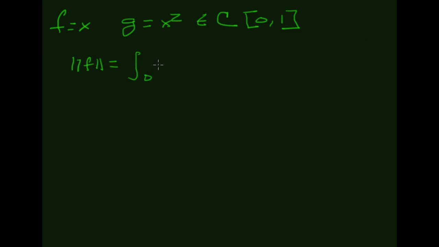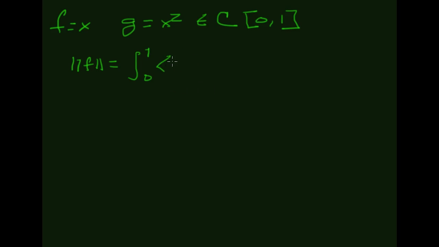Let's say that f is the continuous function x, and g is the continuous function x squared, and that these things are continuous functions on the interval 0 to 1. Okay, so in this vector space, the 2 norm of f is going to be, sorry, let's back that up.